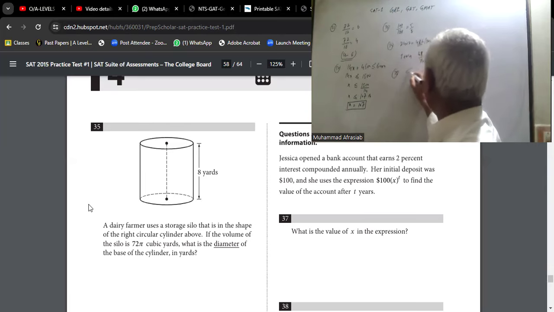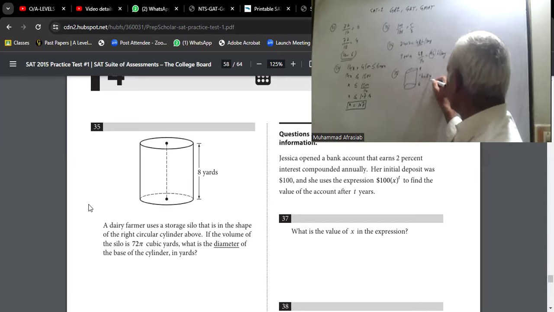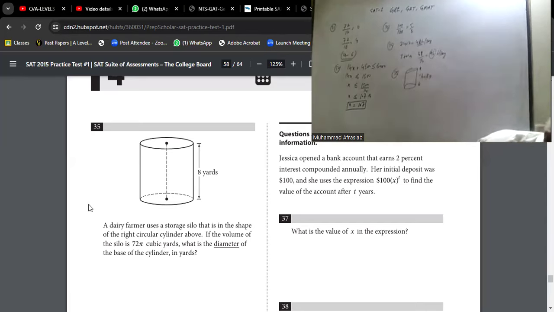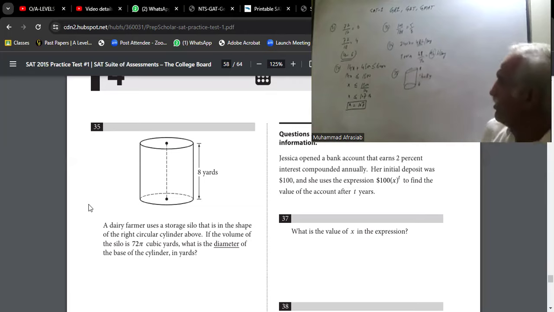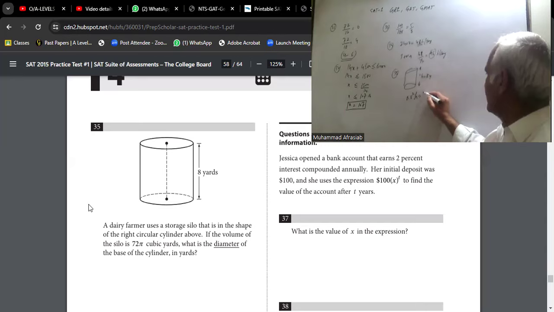So this is a cylinder whose height is 8 yards. We know that the cylinder volume is pi r squared h, and that is equal to 72 pi. So pi and pi cancel.